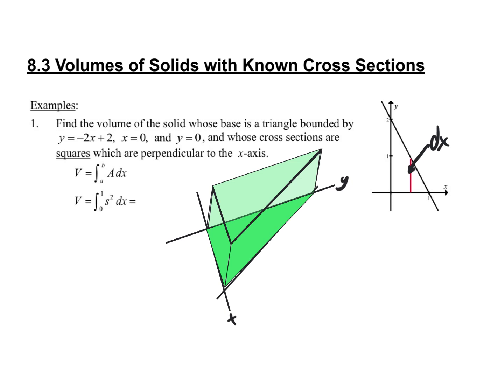And the skinnier the square, of course, and the more squares we have, I mean, let's be real, there's an infinite number of squares that I can put in there, and when I smush them together, they create a solid, okay? And that's just the bottom of the square. So what I like to do is try to fit a square inside of my figure, right? So there's going to be a square as far as I can go going backwards, a square as far as I can go going forwards, and they're going to get skinnier and skinnier and skinnier, and that is this dx, okay?